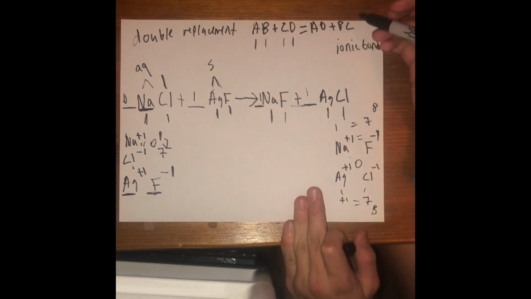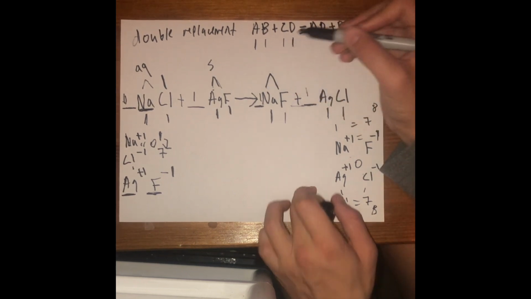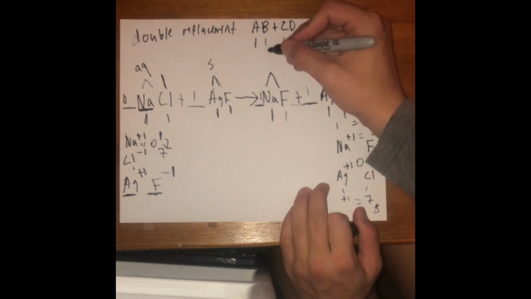Now on the right side, we can identify sodium fluoride, so that'd be NaF. So we have a metal, non-metal reaction, which would give it solid.